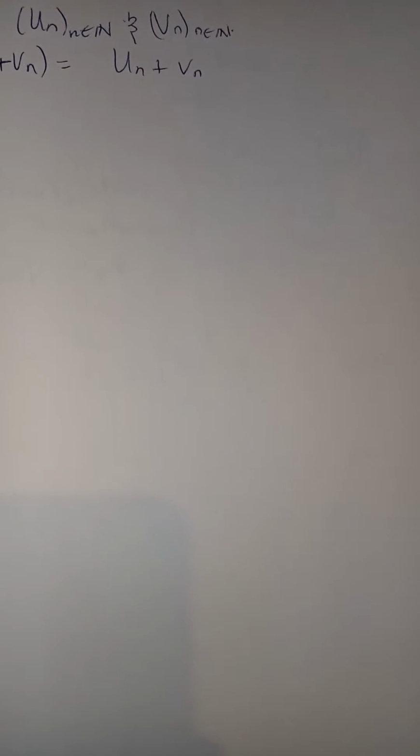We're going to talk about the addition of suites, the multiplication of a suite by a constant, and then the multiplication of two suites. The addition of two suites is like the general addition. I have un plus vn, which is a suite where all you have to do is un plus vn, tout simplement.